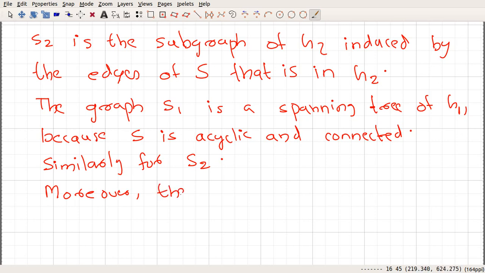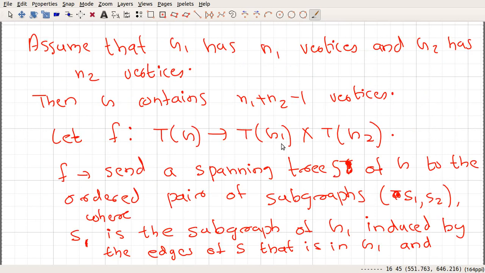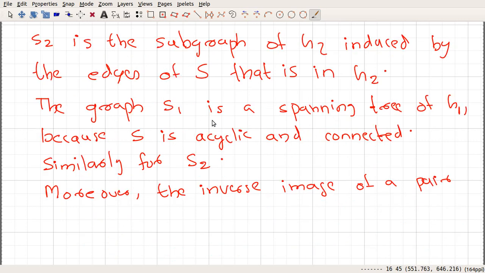Okay, we can see that the inverse image of a pair. So inverse image means we are going from this ordered pair to this tree. Okay, moreover, the inverse image of a pair T1 T2.